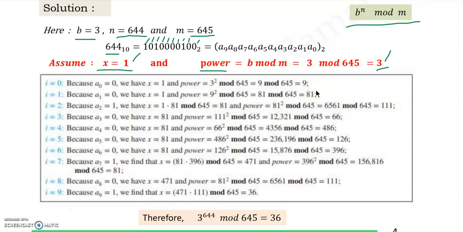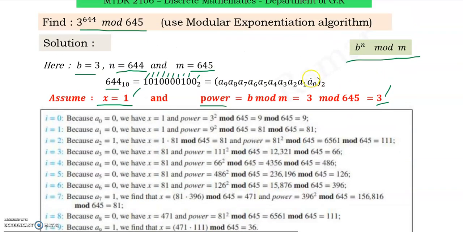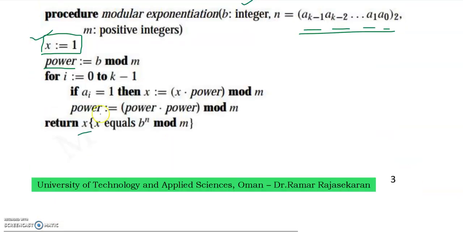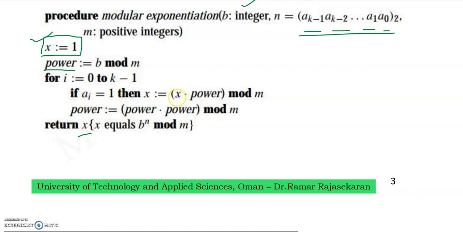What does the algorithm say? We have to start from this value a0. What is a0? A0 is equal to 0. You see here, first we will start this loop from i is equal to 0 to k minus 1. So what does i is equal to 0 mean? It means a0. If a0 is equal to 0, then you have to take the assumed value of x.